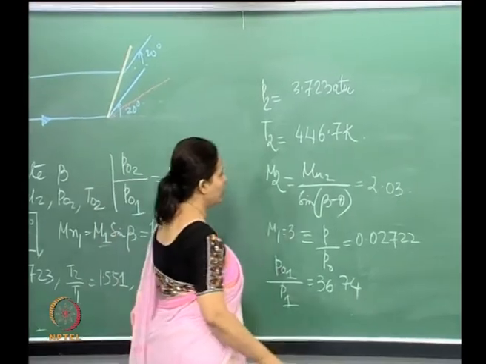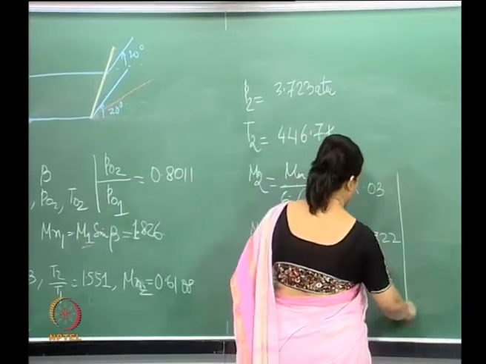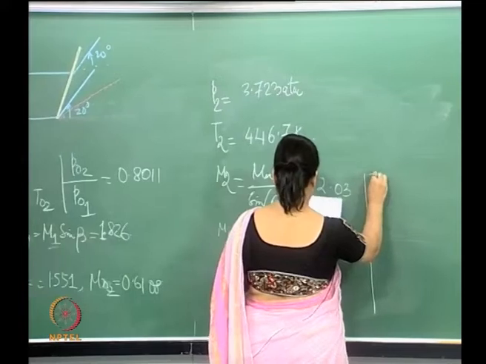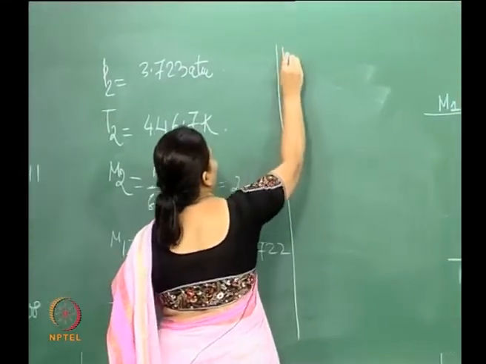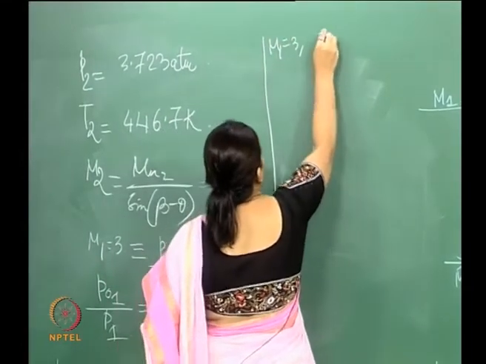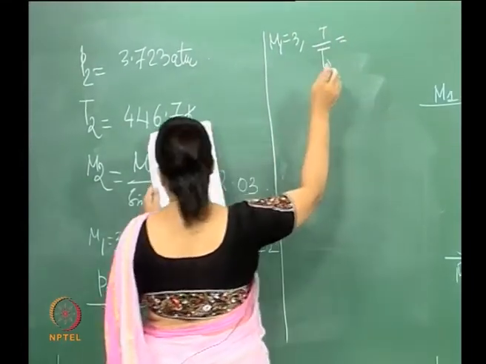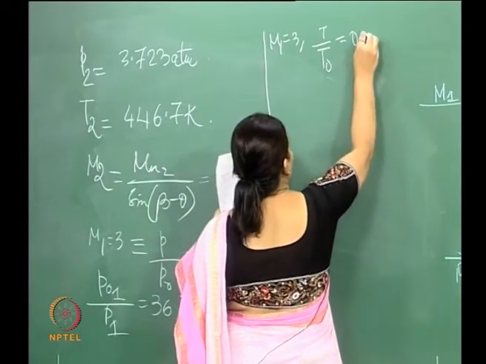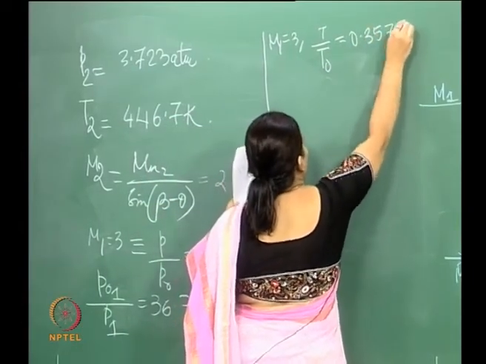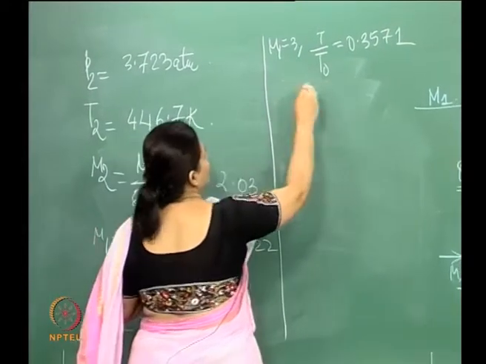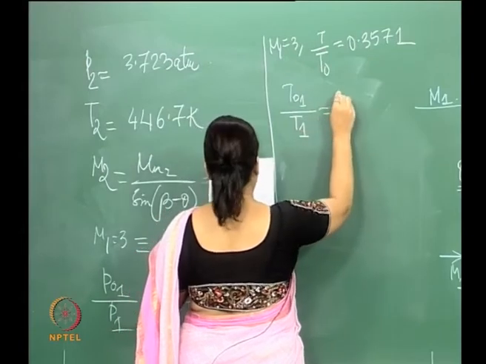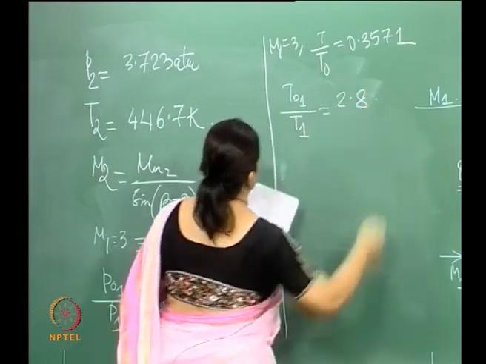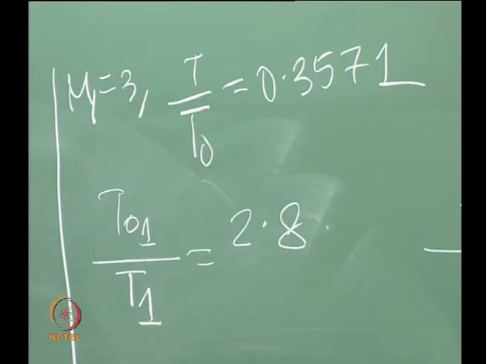So similarly, again for M1 equal to 3, we get T by T naught, and therefore T naught 1 by T1 is basically 2.8.